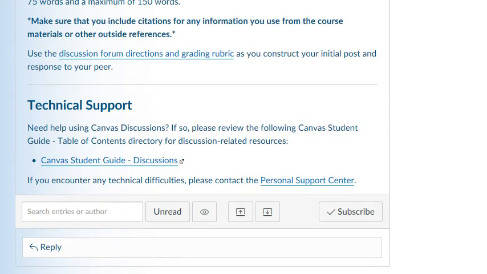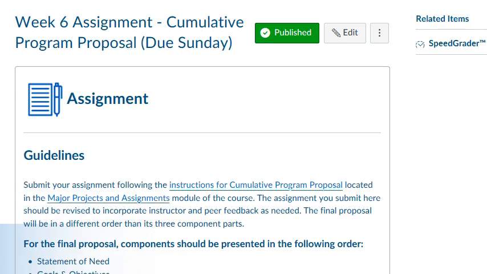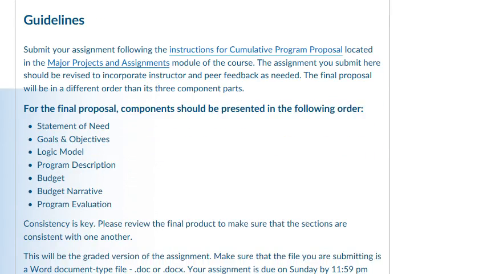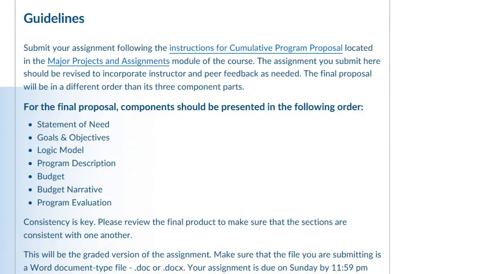The second learning activity for the week is the posting of your final proposal.